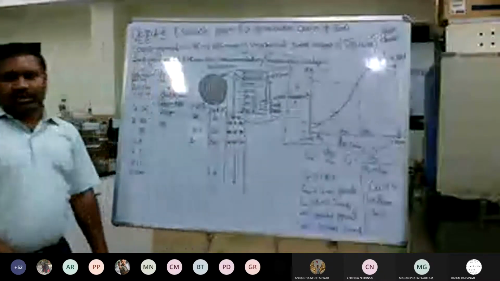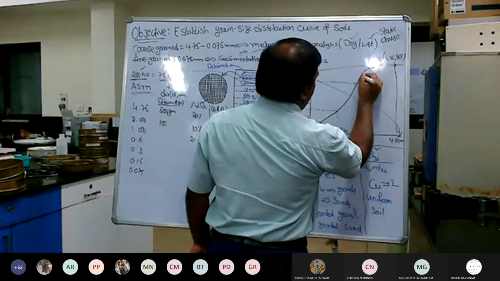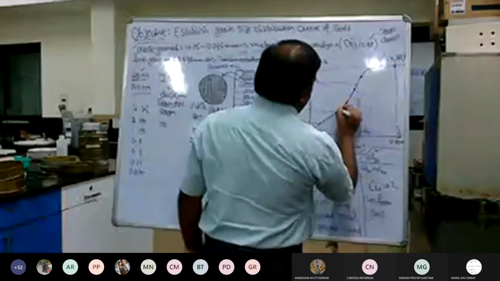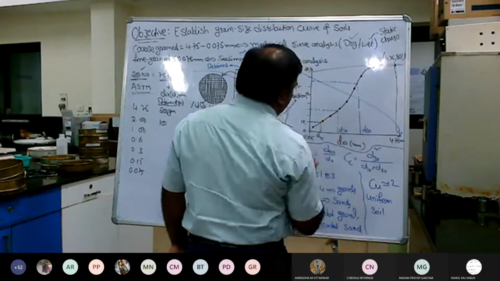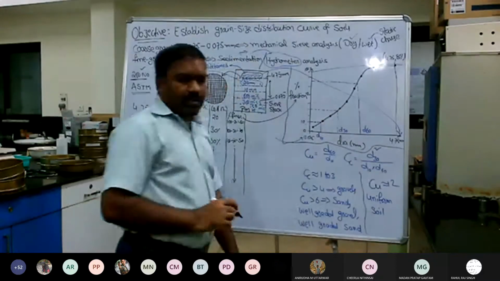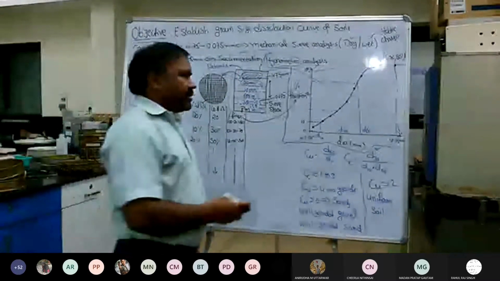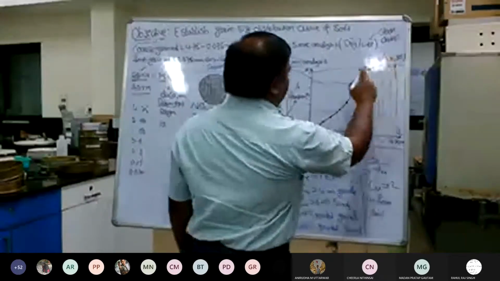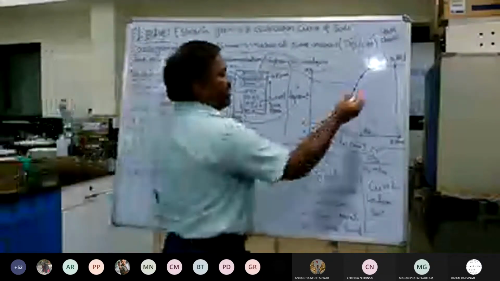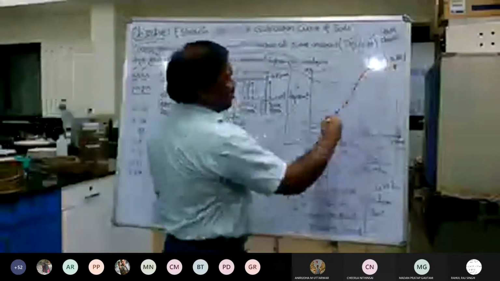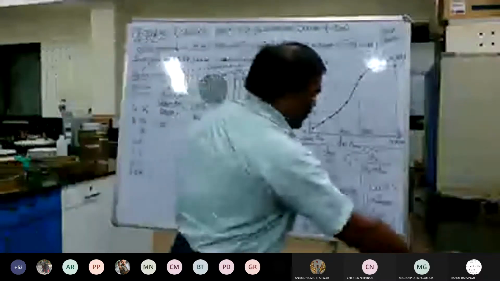This is how you will get the different points all along the curve. The last point represents 0.075 millimeter, or 75 microns. If you join all the points, you will get the curve which is called the grain size distribution curve.